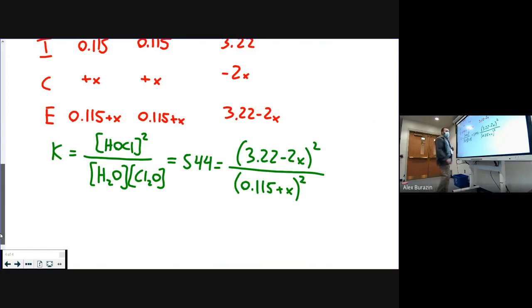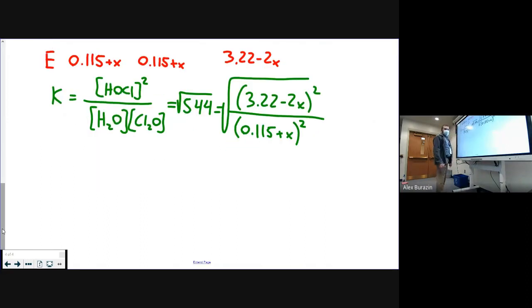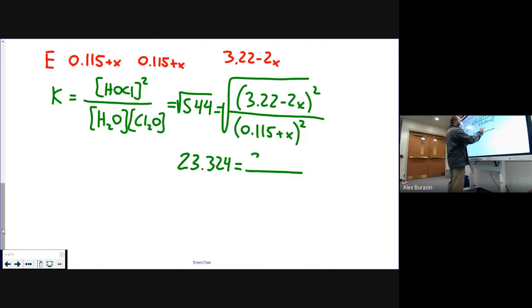I can take an early square root to make the math much more friendly. And when I do, I get 23.324 equaling 3.22 minus 2x divided by 0.115 plus x.